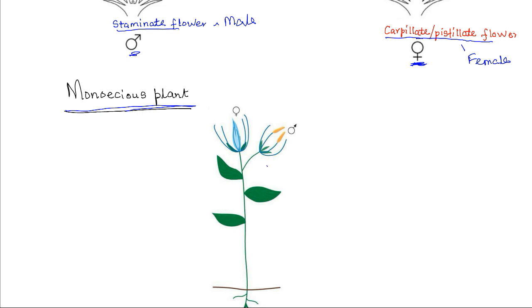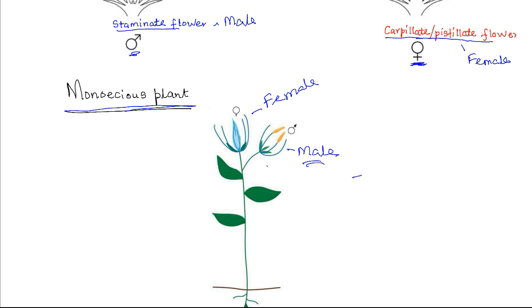So the male flower and the female flower occur on the same plant, hence the term monoecious plants. The flowers are unisexual, but the male and the female flowers occur on the same plant.